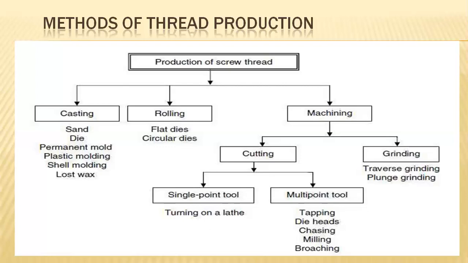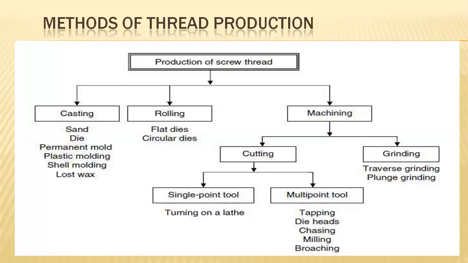Internally, the best example is the nut and bolt. The nut has an internal threading and the bolt has an external threading, and in combination they give a fixed alignment. We will discuss that very clearly in the next slides.